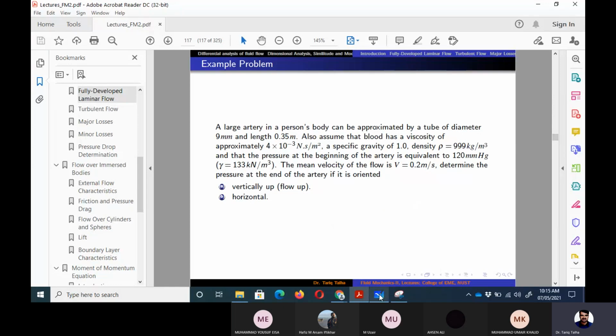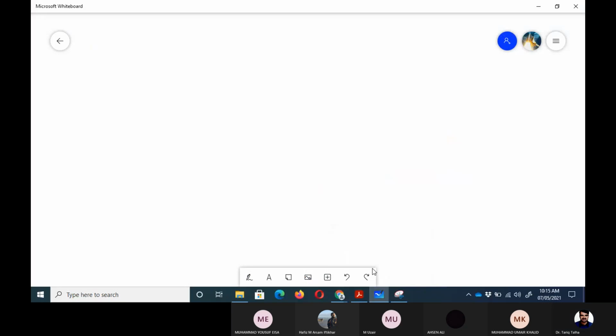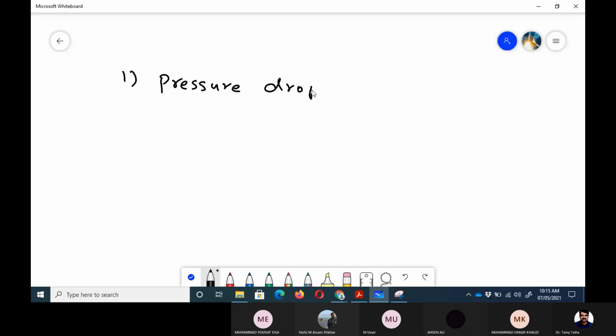Now, whenever we do the analysis of a piping system, there are three types of problem which we face in terms of analysis. In the first type of analysis, we need to determine either the pressure drop or head loss in the piping system.